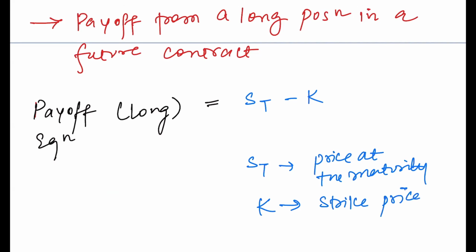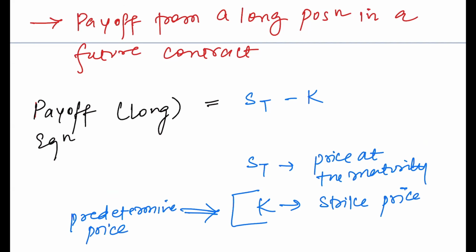If you remember, we said that in derivative contracts we buy at a predetermined price. That predetermined price is nothing but our strike price.